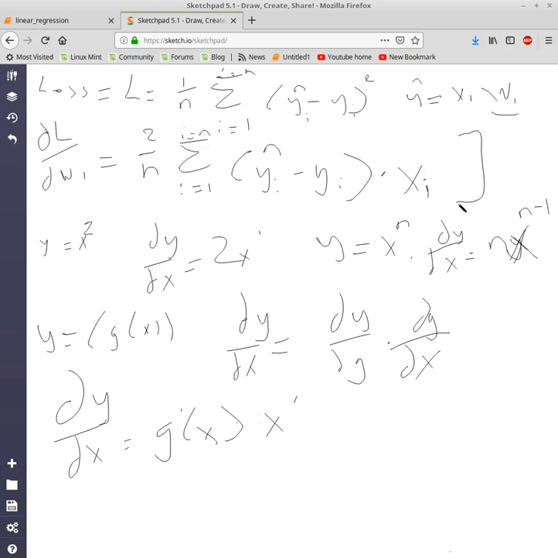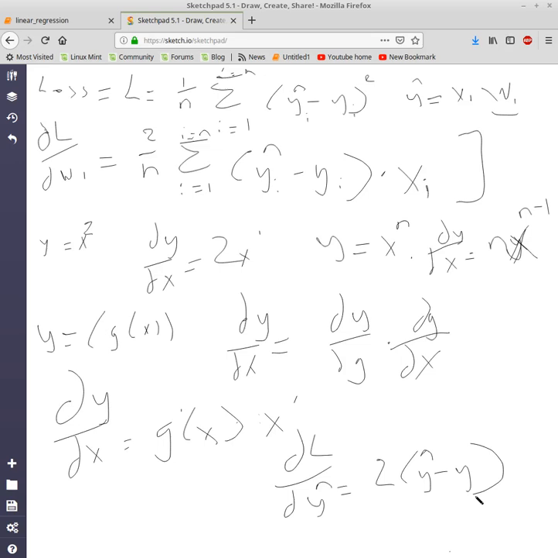So dl/dy hat for a given x is 2 times (y hat minus y), for a given x, right?